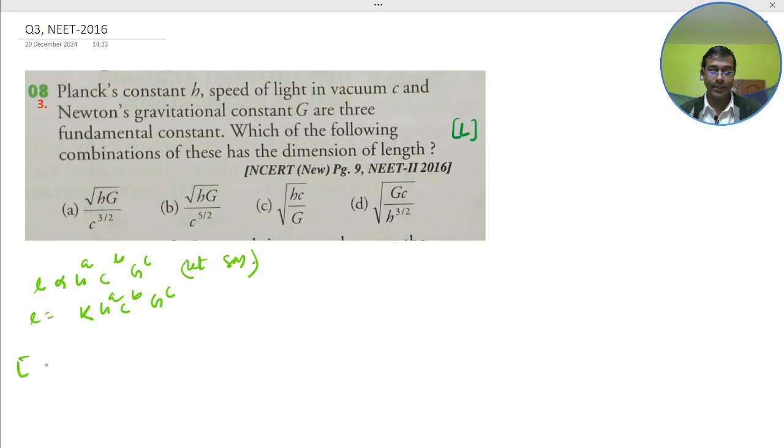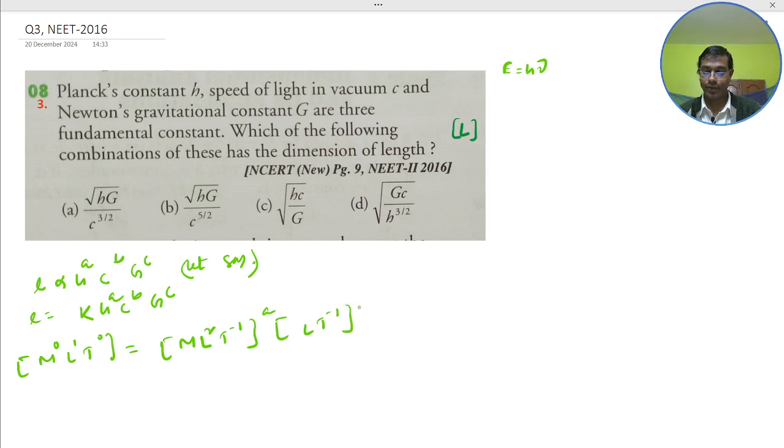Now left hand side dimension L, M to the power 0, L1 T to the power 0. Right hand side constant dimension 1, and for the Planck constant, you get E equal to h nu, so the Planck constant dimension by this formula is ML square T inverse, to the power a, and the speed of light LT minus 1 to the power b, and for gravitational constant you find F equal to G m1 m2 by r square.